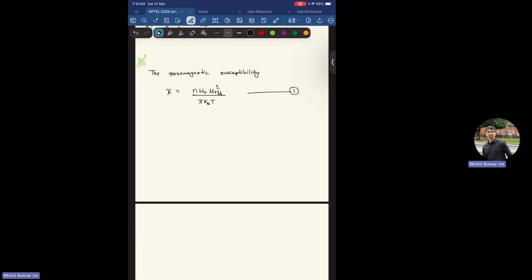This is my equation number 1, and the given electronic configuration is F7.